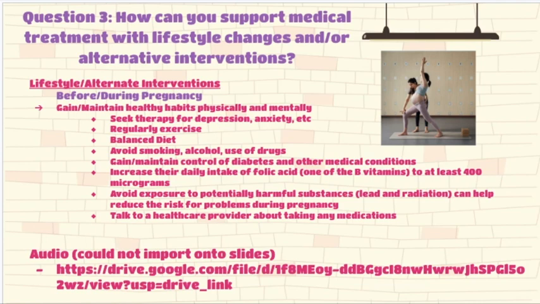It's recommended to generally exercise 30 minutes per day with moderate intensity. If one has not been exercising very much before pregnancy, it's suggested to start with low intensity physical activities like walking or swimming, and then increase slowly.